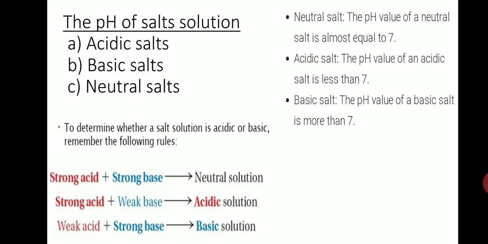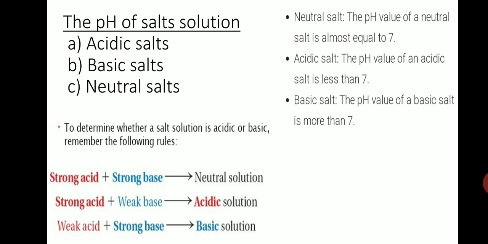So though the aqueous solutions of many salts are neutral, that is having a pH 7, most of the salts have a pH 7. But some salts produce acidic or basic solution when dissolved in water.